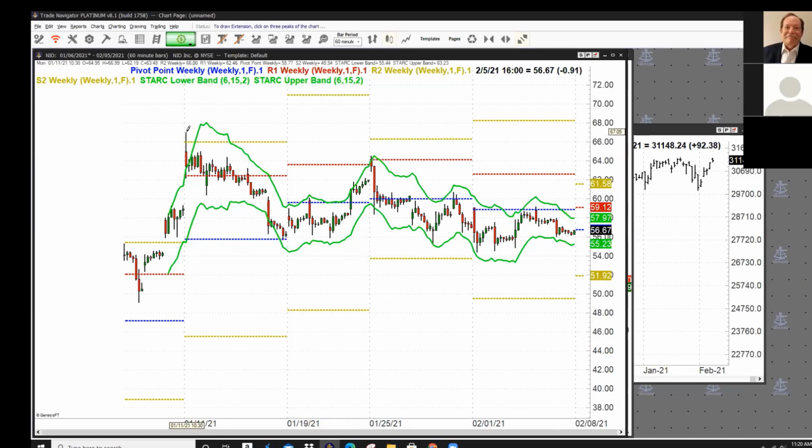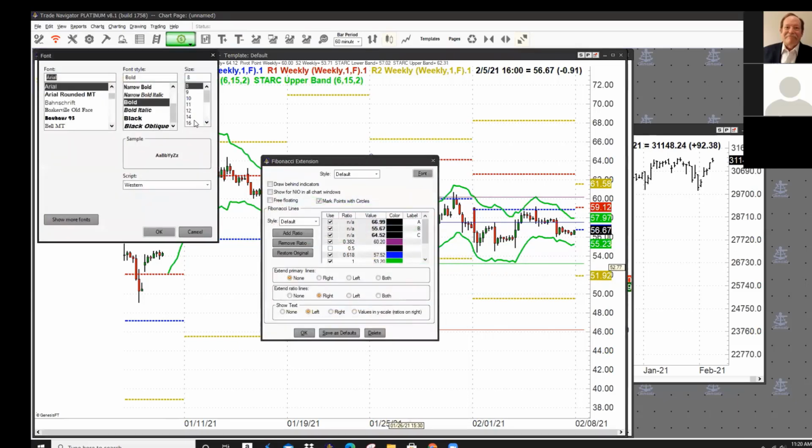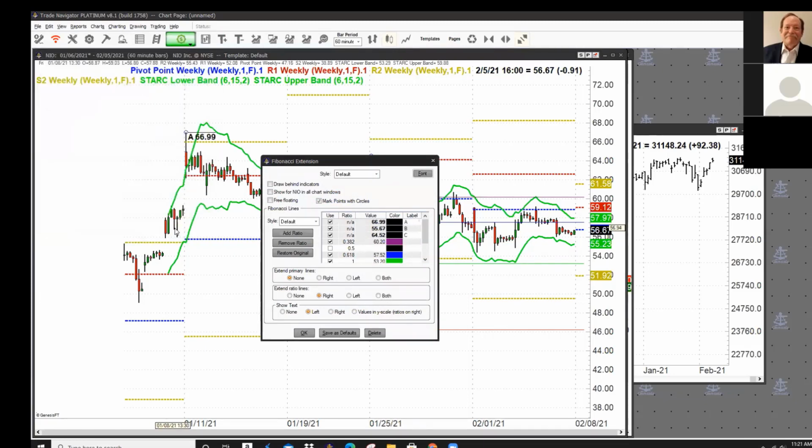You're taking the distance from here down to here, and then from here, and it gives you the 100% level, which is at 53.20. If you can see this number in here, we can bump it up a little bit so you can see the numbers a little bit better. So that's a possible target.